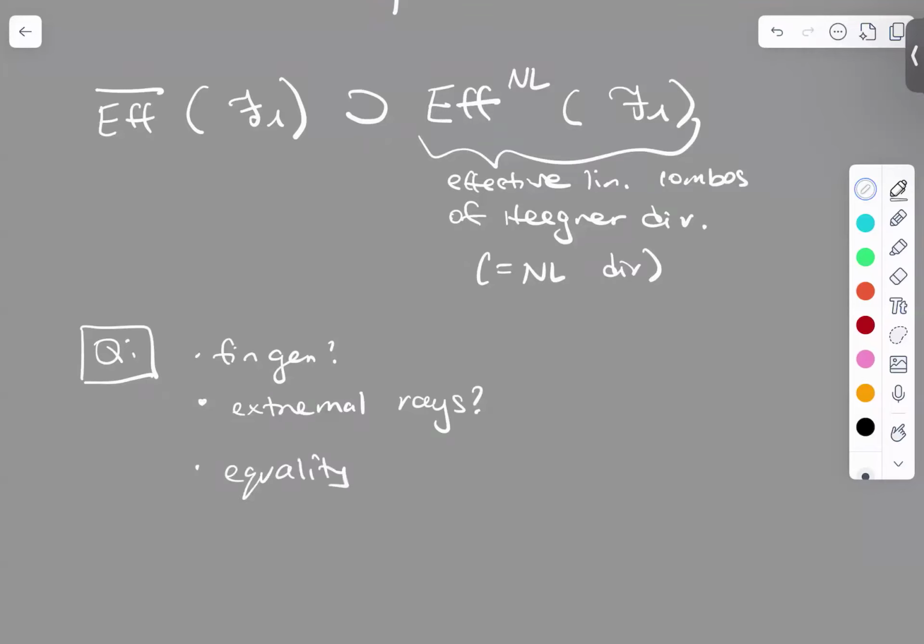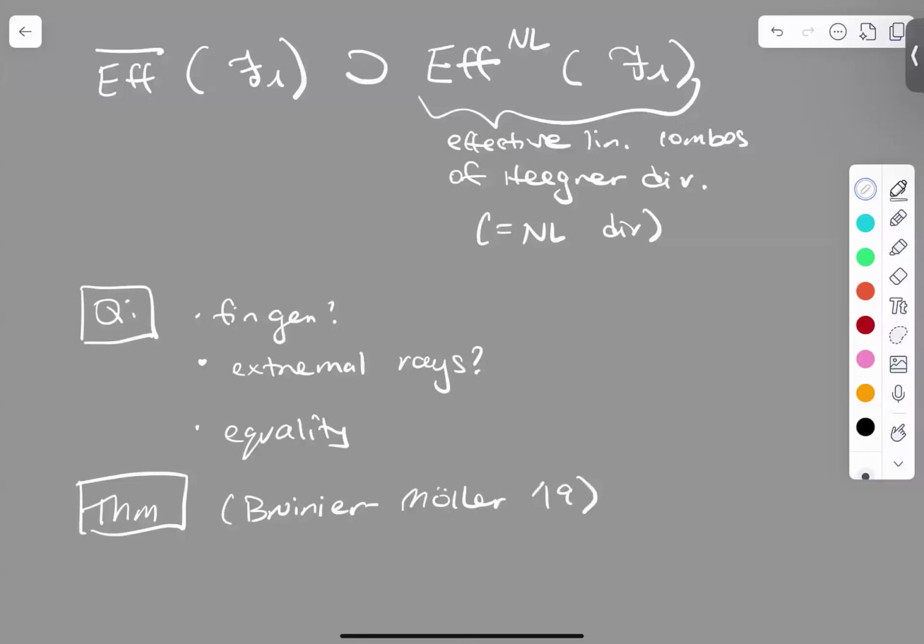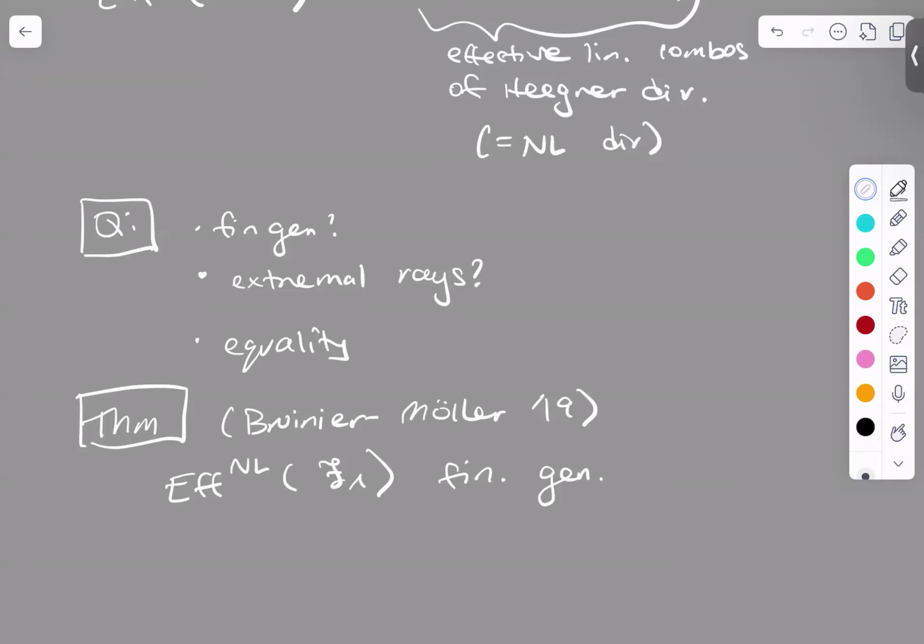There's a theorem due to Bruinier and Möller from 2019, which says that the smaller of these two cones, this cone generated by effective linear combinations of Heegner divisors, is always polyhedral, meaning it's always finitely generated. But their result is an existence result. It just shows that there exists some finite collection of Heegner divisors which generate these cones, regardless of what the lattice is.